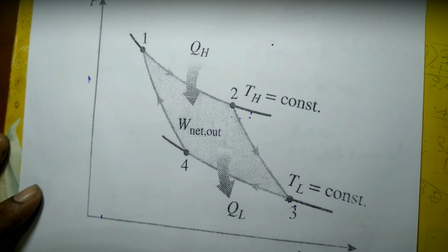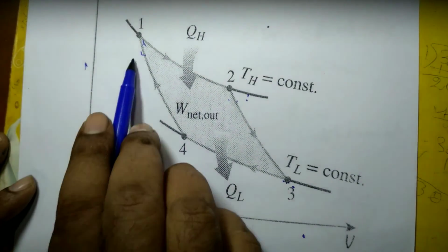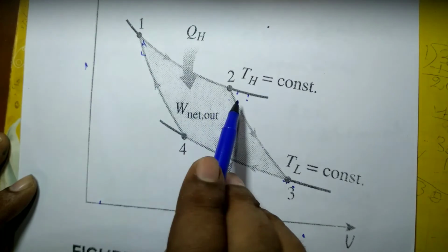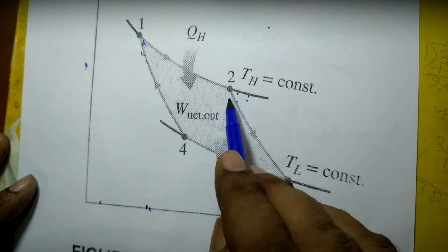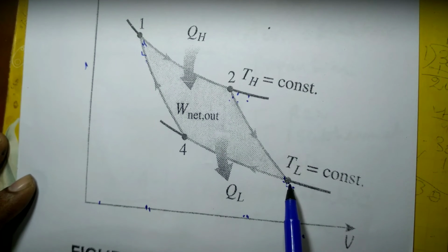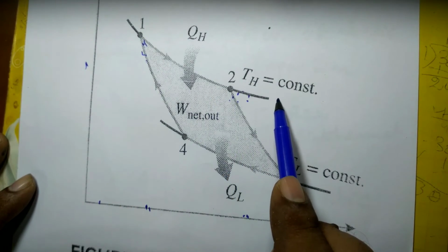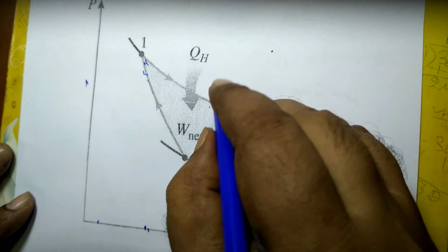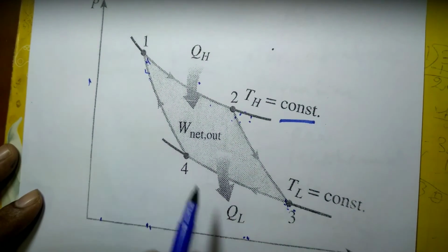This is the PV diagram, so during the expansion process the pressure decreases. So in 1-2 the pressure decreases and the volume increases, and during 2-3 also the pressure decreases but the volume increases. Obviously during process 1-2 the temperature is constant at TH.